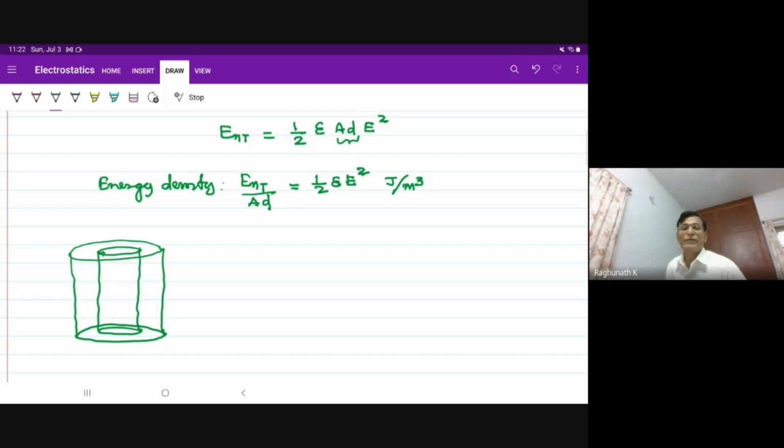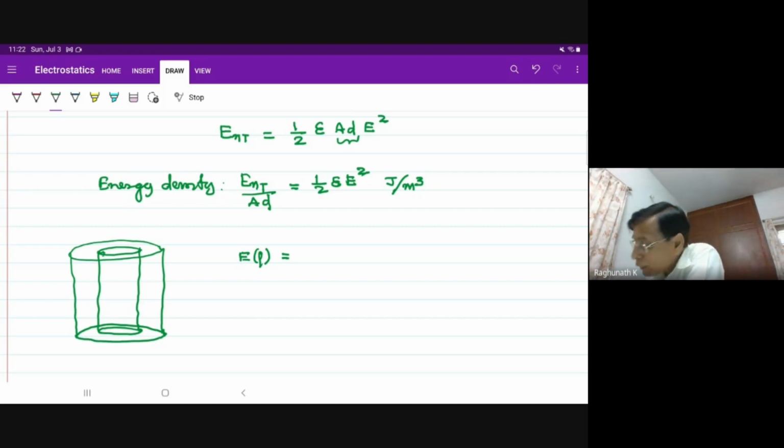See the beauty of it actually. Half epsilon E squared, energy density in the field, wherever E is there. We saw that with a charge Q on the conductors, right? Electric field intensity is what? E at any point as a function of rho, phi and Z is independent.